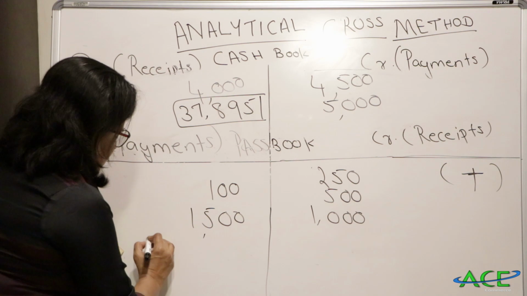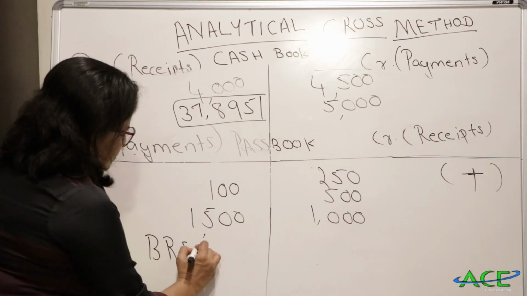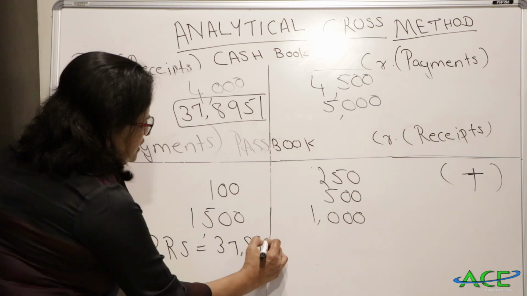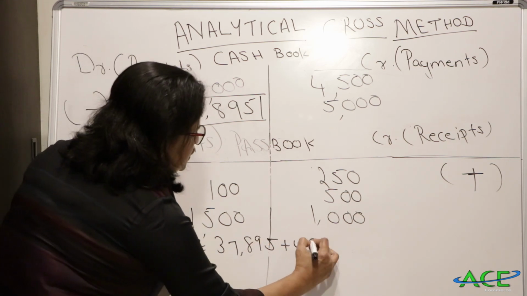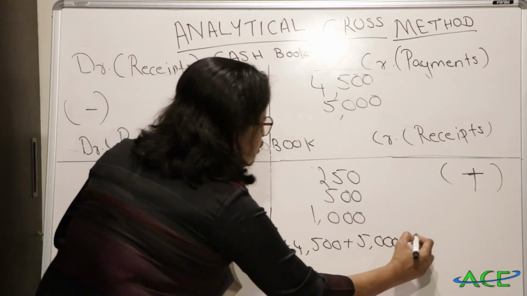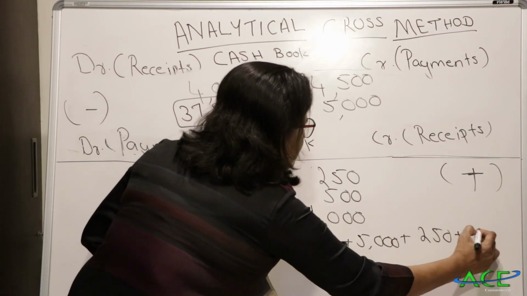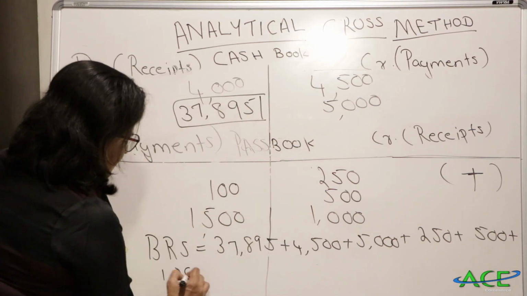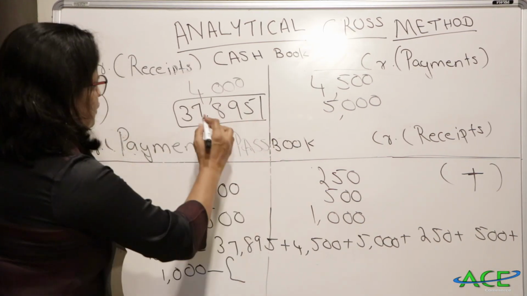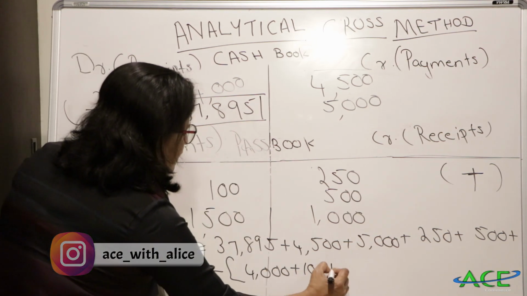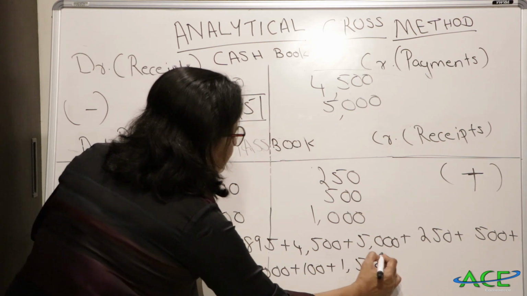So how do you calculate the passbook value as per the BRS? 37,895 plus 4,500 plus 5,000 plus 250 plus 500 plus 1,000, minus 4,000 plus 100 plus 1,500.